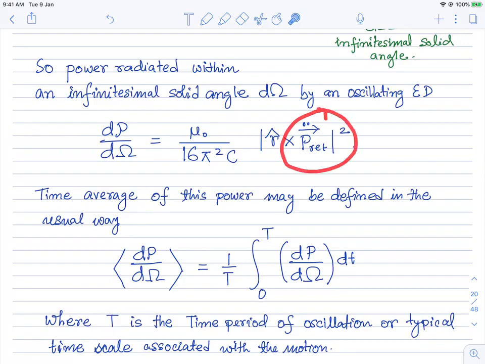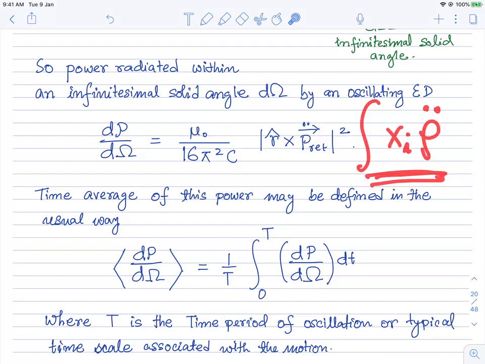This time derivative on the dipole moment is coming because we say that this is the integral of x rho double dot. Okay, so this is what the time derivative means. So you might think that whenever there is a time dependent charge density, there is dipole radiation. You might wonder, or there is radiation.